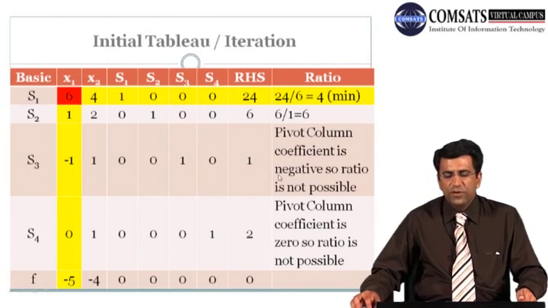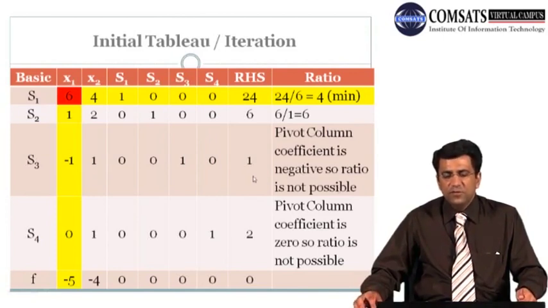In the next row, we will divide 1 by the corresponding pivot column value, that is -1. So we will get the value -1 here. But again class, if you remember, we discussed in the last lecture that if we get any negative value or infinity value for this ratio, we will ignore those values.